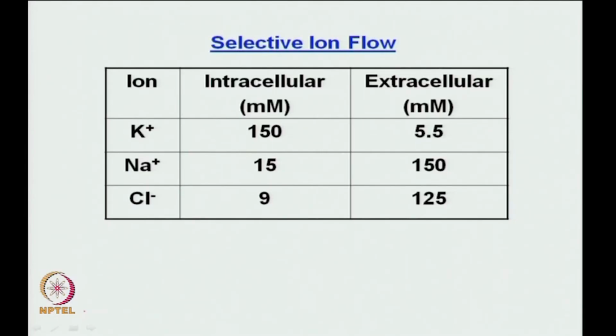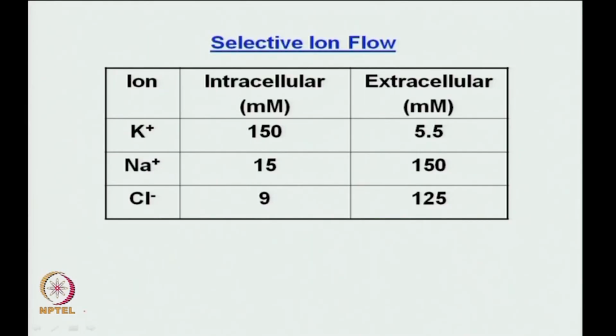Potassium ion is very high in intracellular, very low in extracellular, right. Sodium is just the reverse. Now, why would you expect this? Based on some sort of neutrality, because you have so much positive charge out there and so little positive charge inside because of potassium. Then for sodium it would be the other way around, and then you have chloride, which maintains the total neutrality.